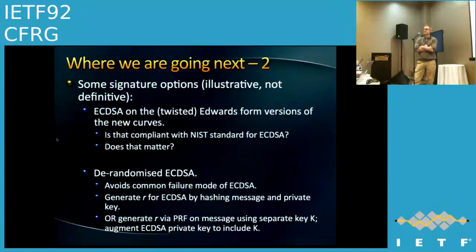Adam Langley, Google. So I would suggest as a way to move forward, there seems to be quite a strong feeling in the room that we should not worry too much about NIST, but it would be good to confirm that on the list and do a poll saying, does our signature scheme have to be exactly ECDSA? Because if yes, then that's answered. But assuming we get a no, my next poll would be, does it need to be randomized or can it be deterministic?